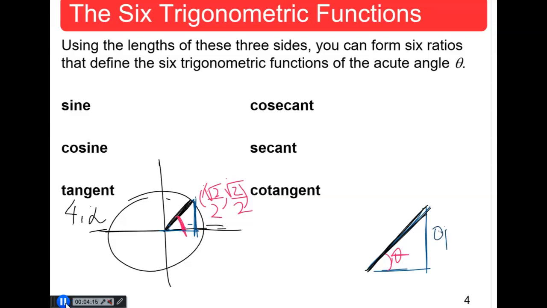We're going to use OPP as an abbreviation for opposite, and the other one will be adjacent. So we're going to use the abbreviation ADJ. So just to remind you, sine, we don't really use the full word. We might say sine of theta.